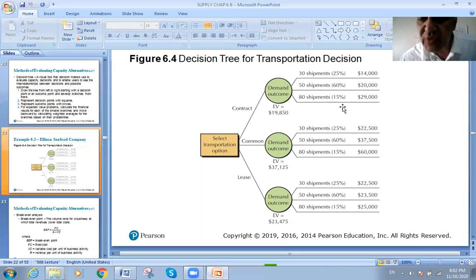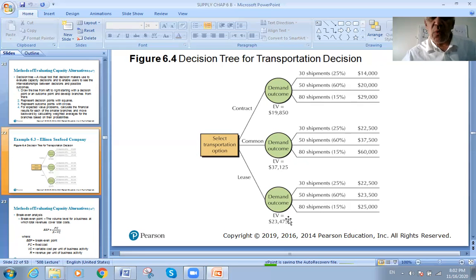If I give you one missing, then you will say 100% minus the other two, and it will give you the missing one. If this 15% was not there, and I put a question mark, then you will say 100% minus 25% plus 60%, and it will give you 15%.